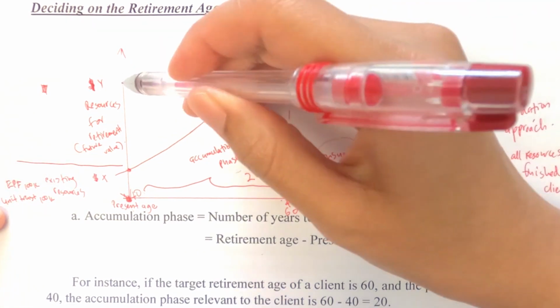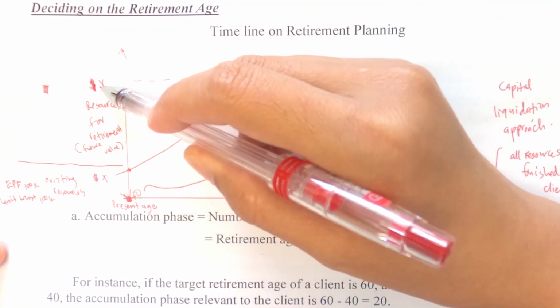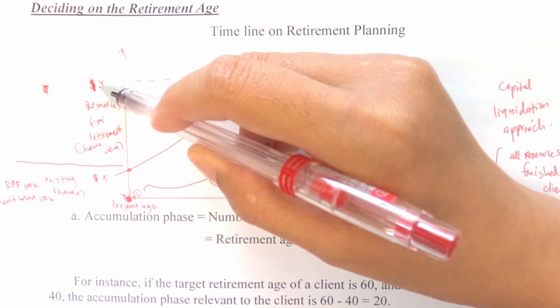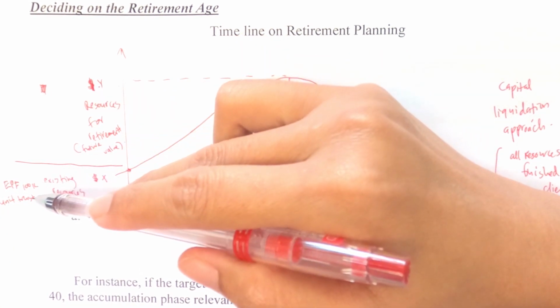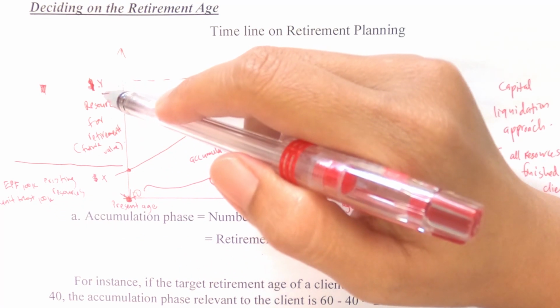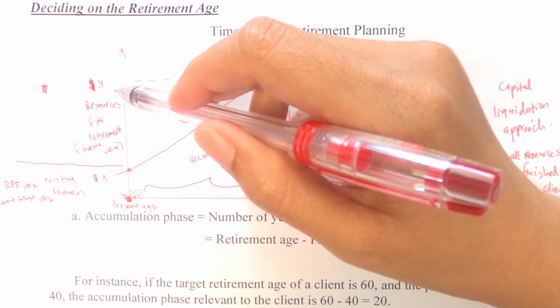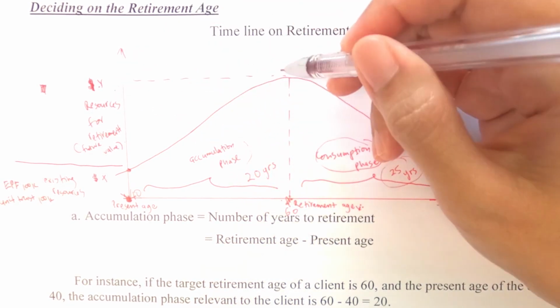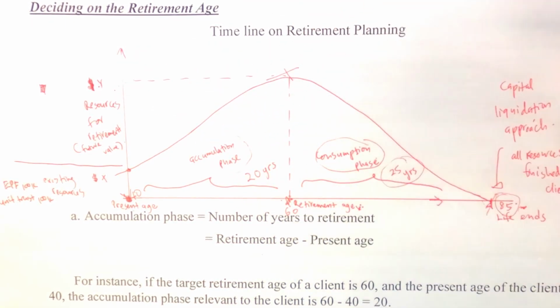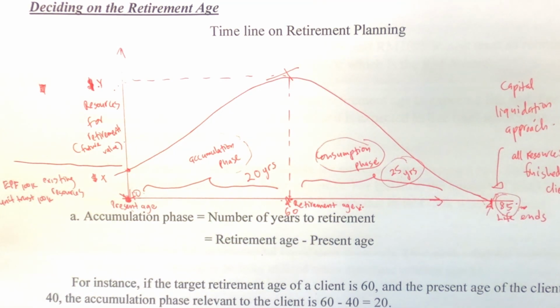At this point of time, that is Y, the resources for retirement, the EPF and the unit trust, will be forwarded, or we will calculate the future value of the EPF or unit trust, because this is the value at the peak of the retirement age, where the EPF and unit trust will increase in value, and those resources will be used to cover the consumption phase of a retiree.